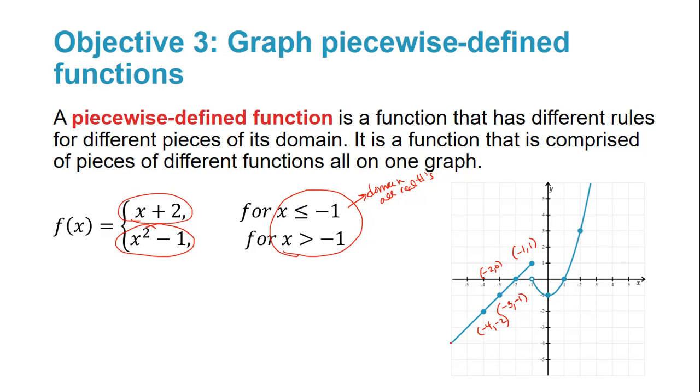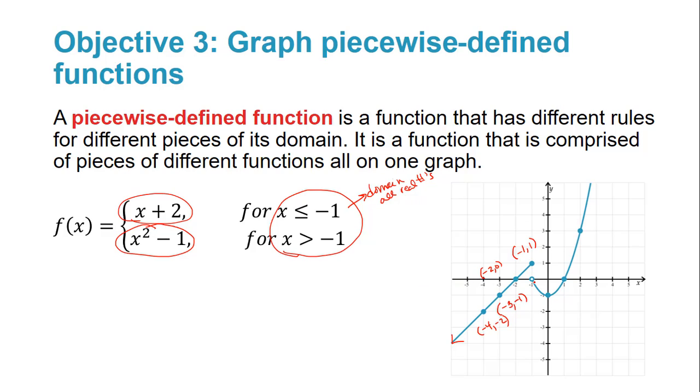So this is an example of a ray, right? It's part of a line that goes to the x value of -1 and to the left. That line does not extend beyond the x value of -1.